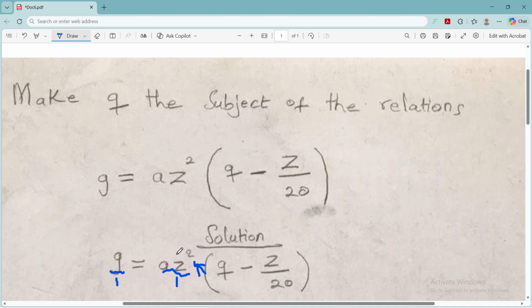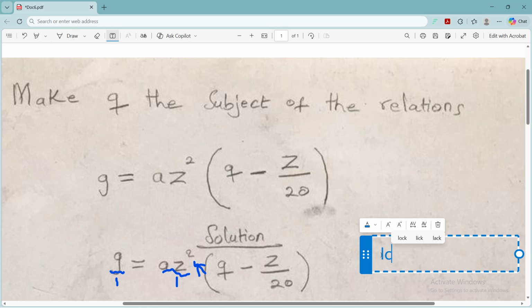The LCM between az square and j is az square, because it is the least common factor that can be divisible by all the variables. So we have our LCM equals az square.